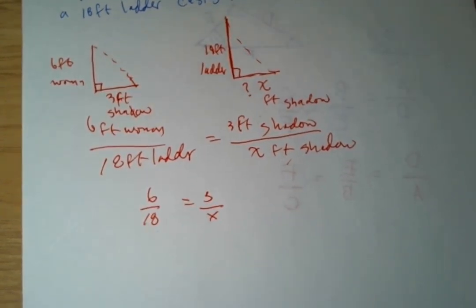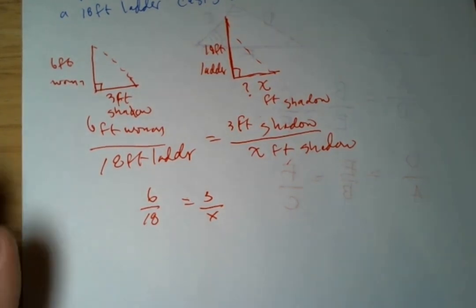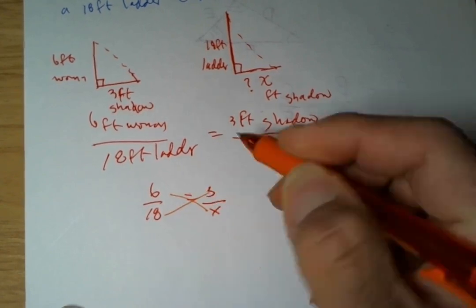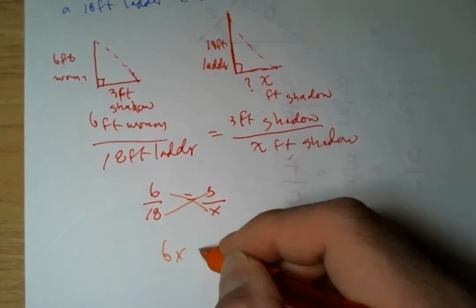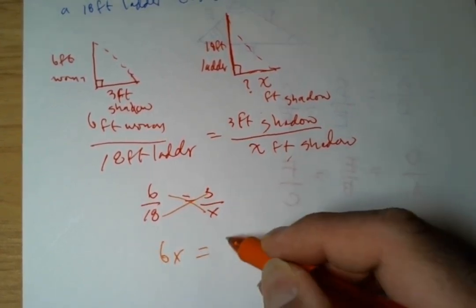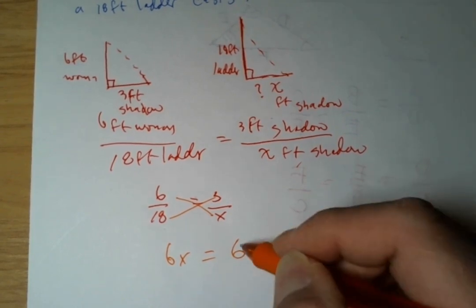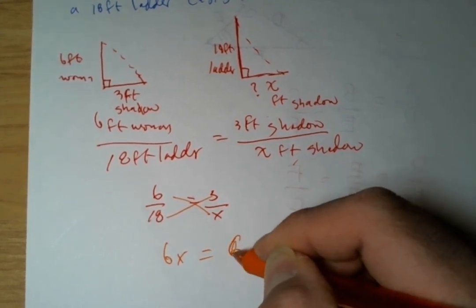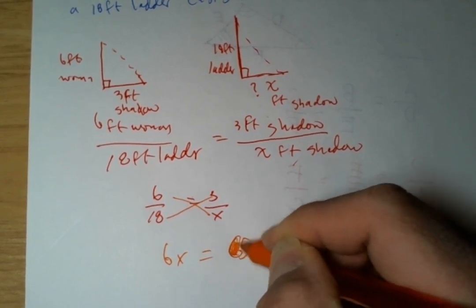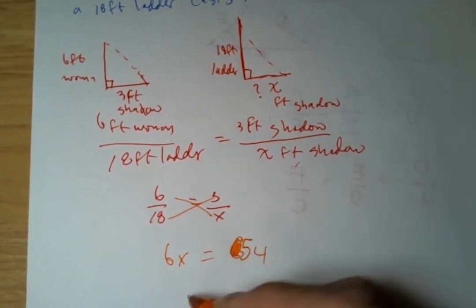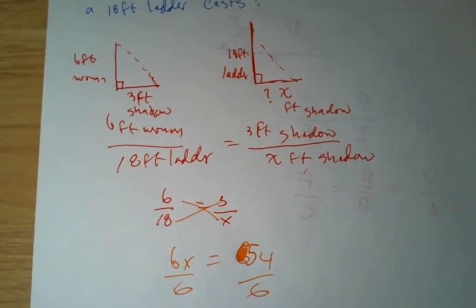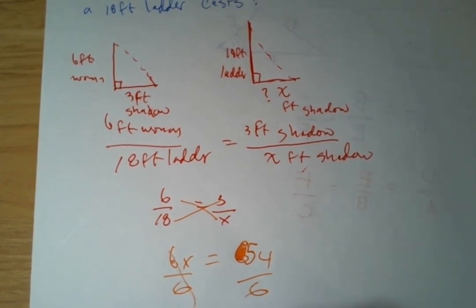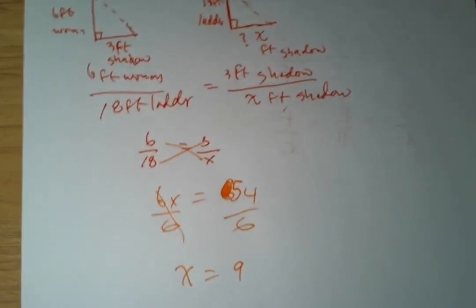You should right away see this is the easy one: multiply across, 6x equals 54. Divide by 6, and that reduces to x equals 9.